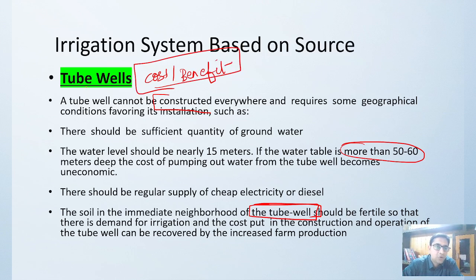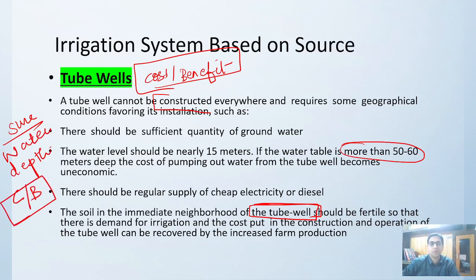So you have to be very sure about the water, about the depth, about the cost and benefit ratio. You have to keep all the calculations intact for the tube well.